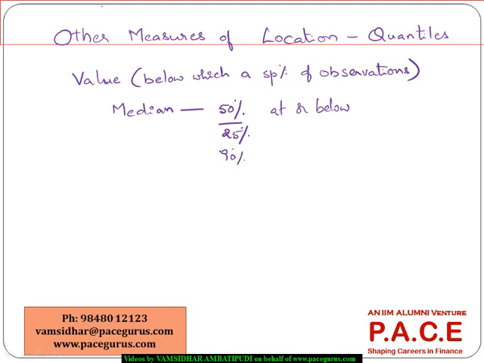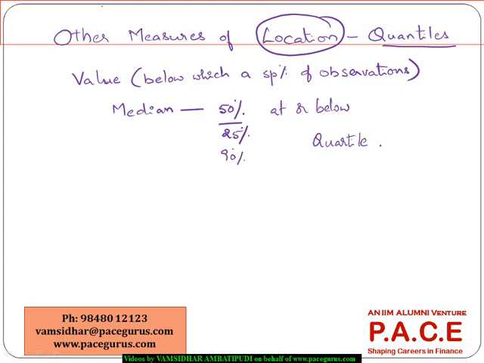That is where I call them other measures of location, generally using the word quantile. A quantile directly tells me the value at or below which that stated percentage of the observations are going to lie.